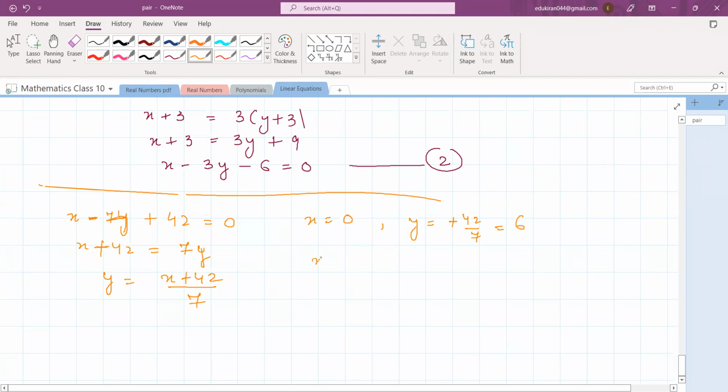Now take another value. I want to obtain a 7 in the numerator because I have 7 in the denominator. Which value can I give x? It should be a multiple of 7, at least.